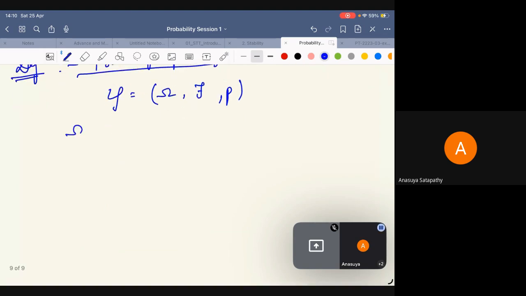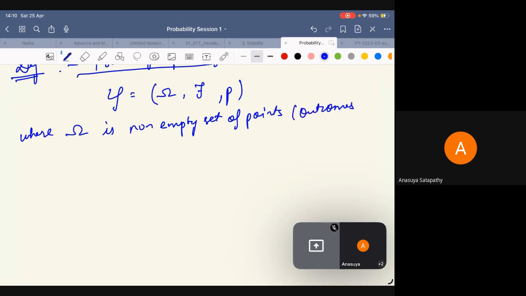Where omega is a non-empty set of points or outcomes called the sample space.